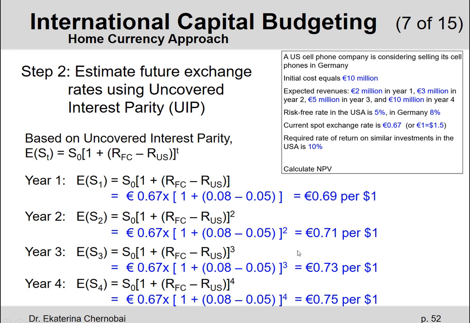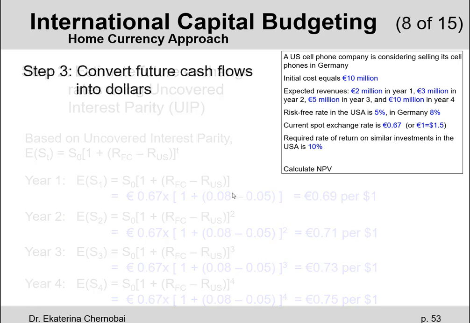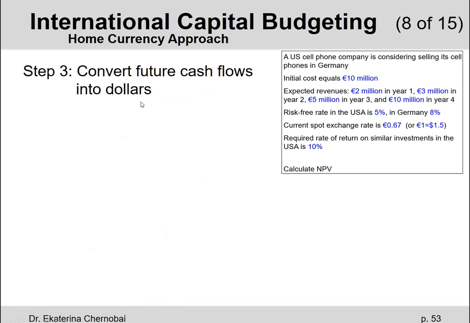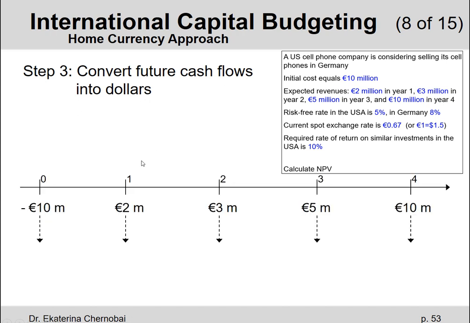So let's move on. Now that we have the exchange rates estimated for each future year of this 4-year project in Germany, we can then proceed to step number 3. Convert future cash flows from euro into dollars. So we had our cash flows in euros.